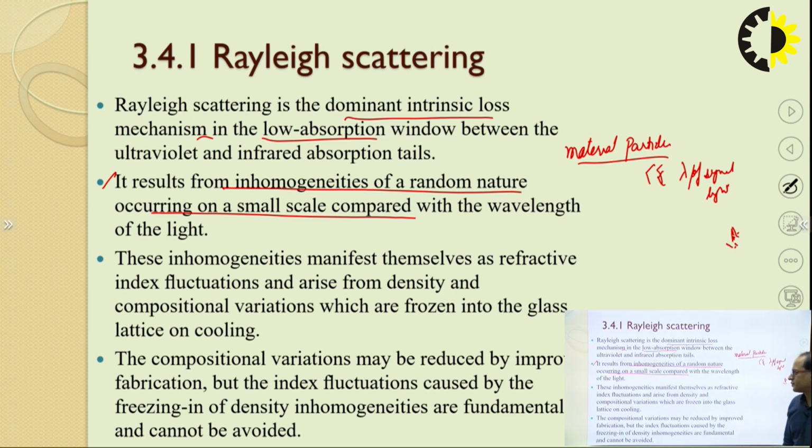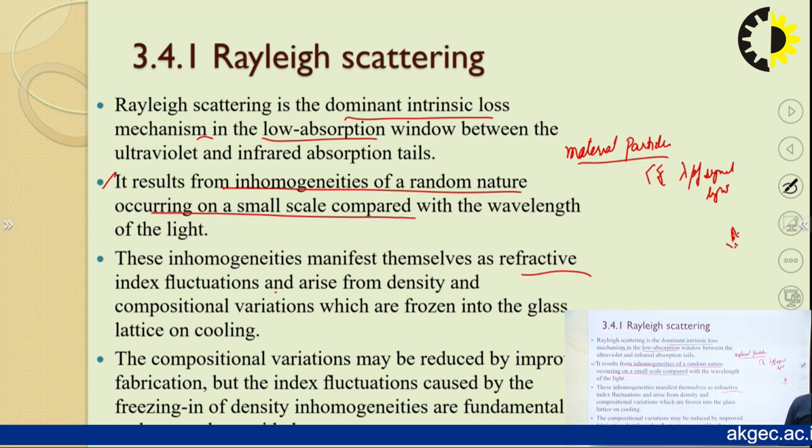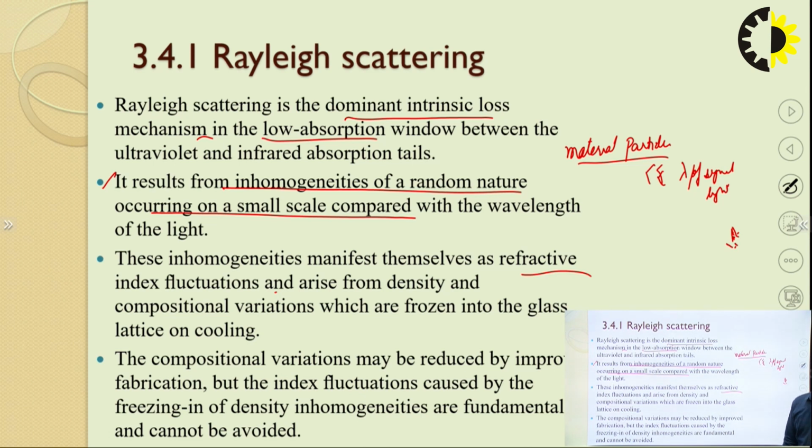Rayleigh scattering. Clear? This Rayleigh scattering results in refractive index fluctuations, which arise from the density and composition variation, because when some particle is present inside the optical fiber cable, this impurity or inhomogeneity causes fluctuation in the refractive index and compositional variation.